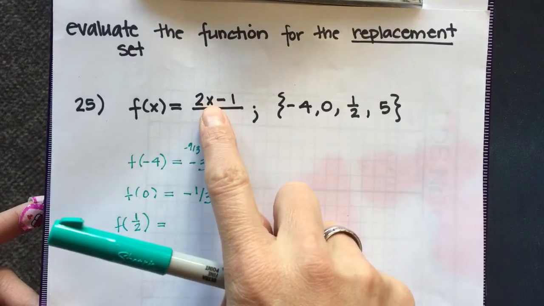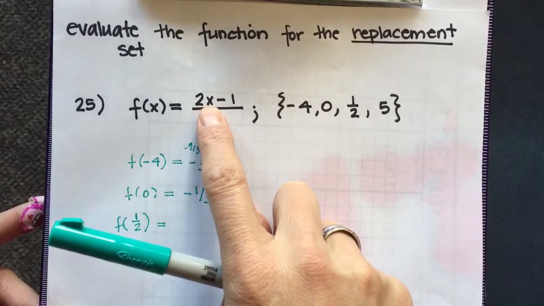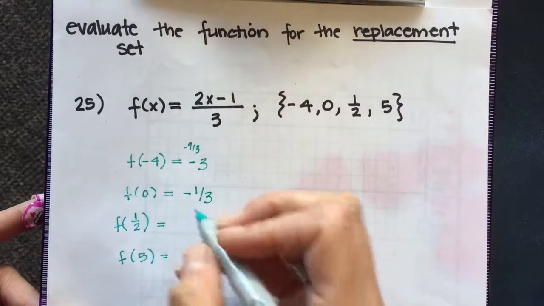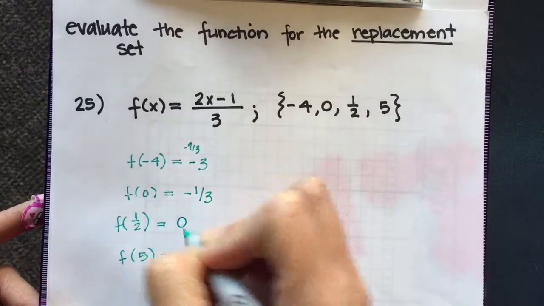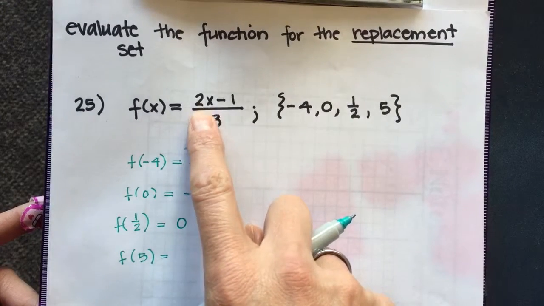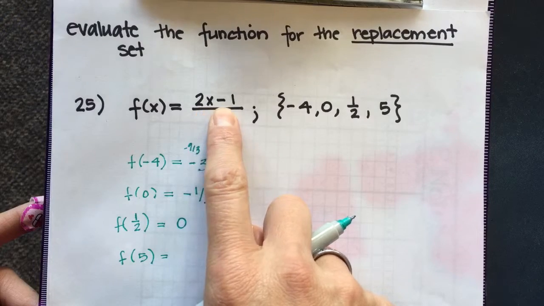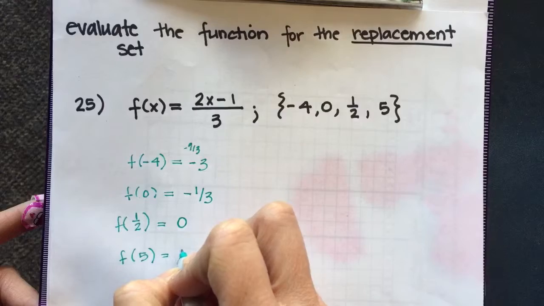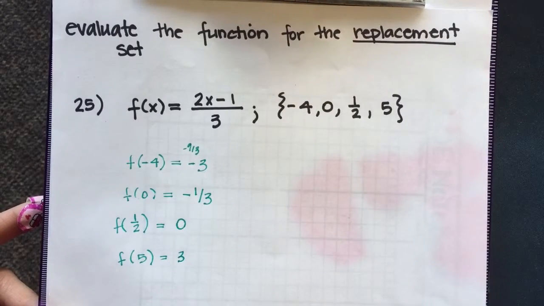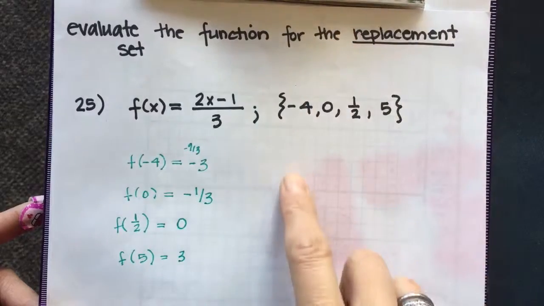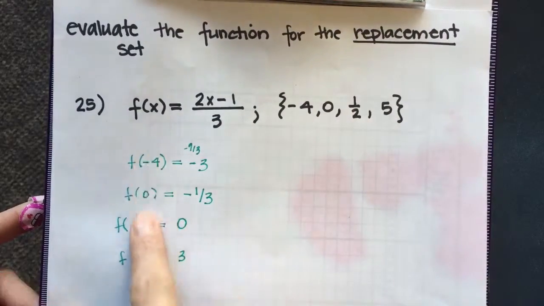When x is 1/2, 2 times 1/2 is 1, -1 is 0. 0 in the numerator of any fraction is 0. And the last one, if I put 5 in, 2 times 5 is 10, -1 is 9, and then 9 divided by 3 is 3. So it's the same as we were doing in class today in our notes, just talks about replacement set as opposed to giving it to you written like this.